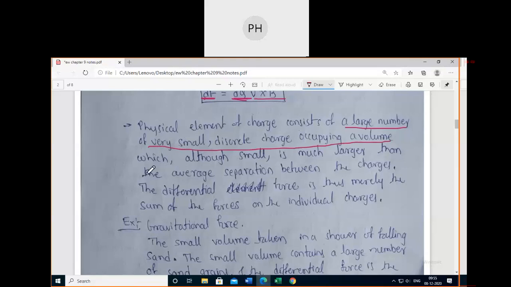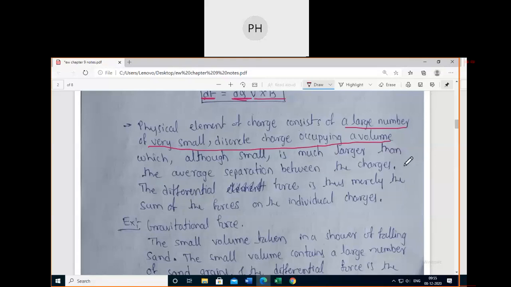Consider it like sand: if you hold sand in your hand, the small particles are nothing but charges, and together they become a large amount of charge. The small charge we indicate as dQ, and the whole charge as Q. Although small, it is much larger than the average separation between the charges. The differential force is thus merely the sum of forces on the individual charges.